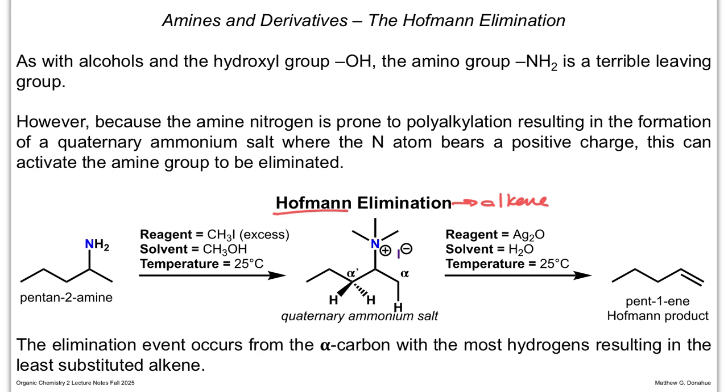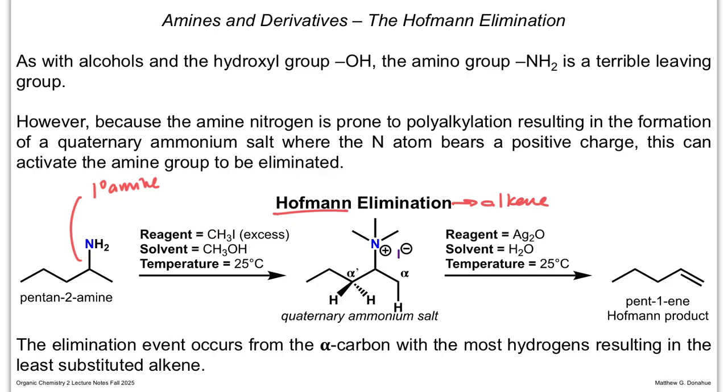So we saw on the prior slide how to make this primary amine. And so this first reaction, this is what I meant by why we wouldn't use ammonia to install a nitrogen.